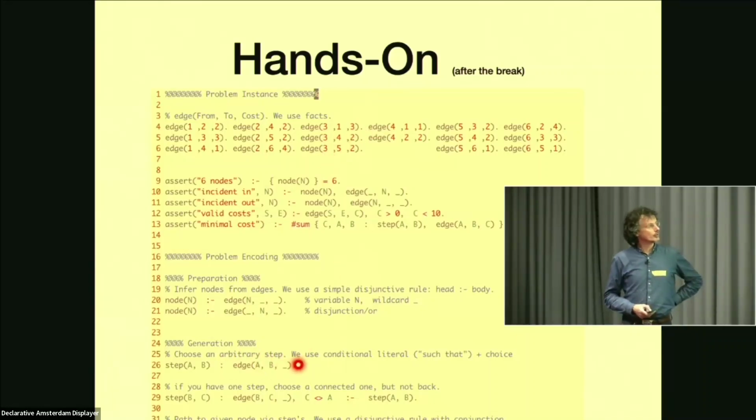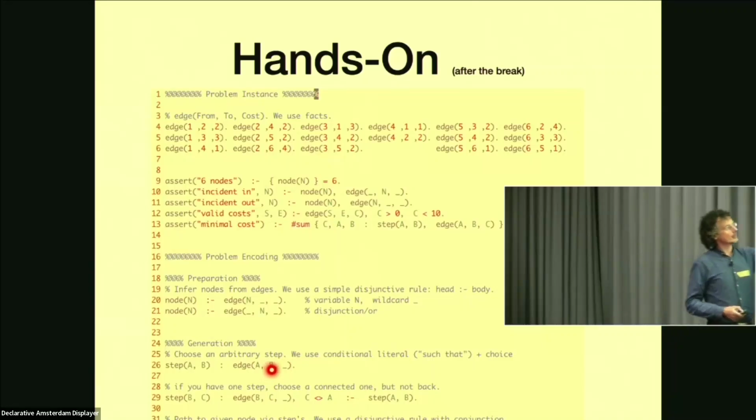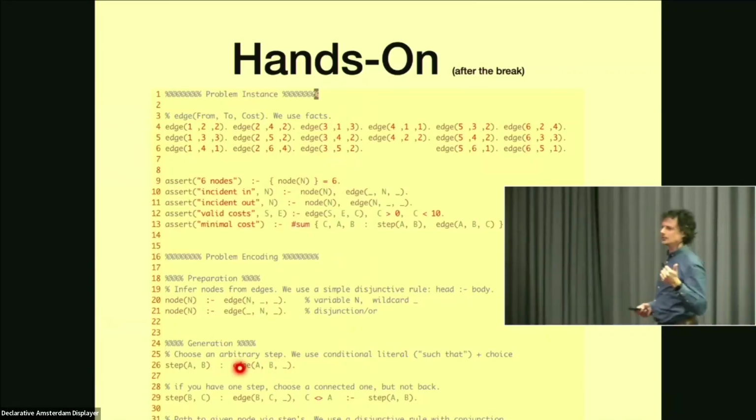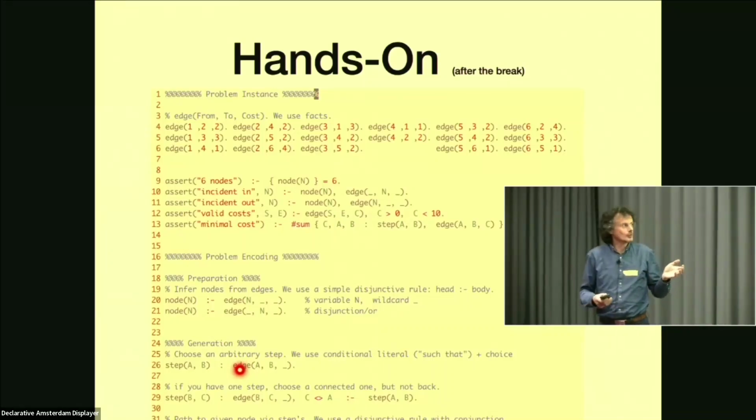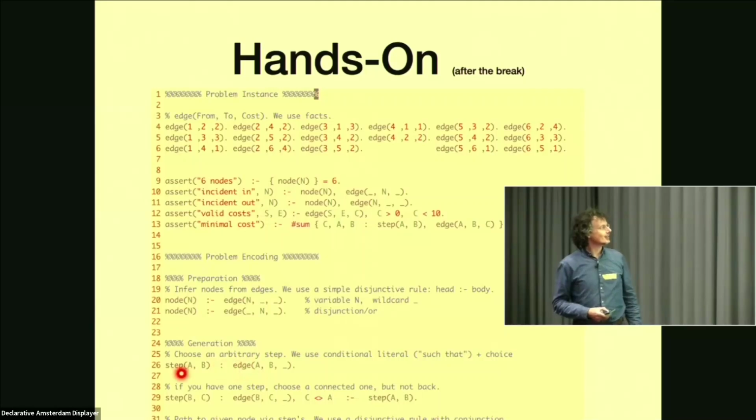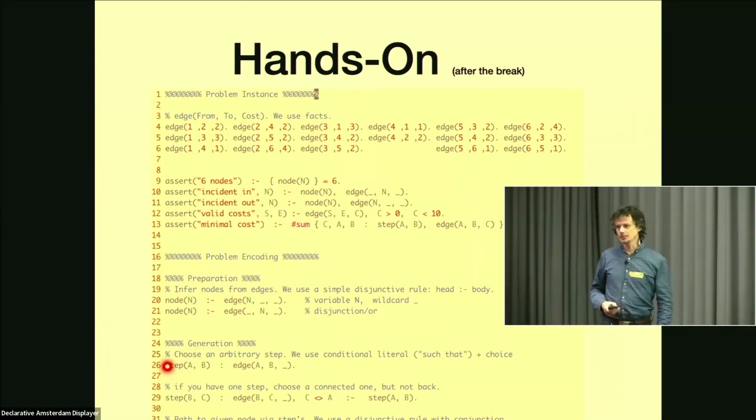And we reuse that here. And actually, if you fail to have edges in your program, then it will complain. So, well, you expect there to be some edges, but there aren't. So please fix that. This introduces new things. So you could use any name you want. Yeah. So this will introduce new steps.